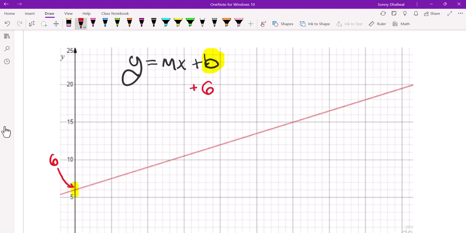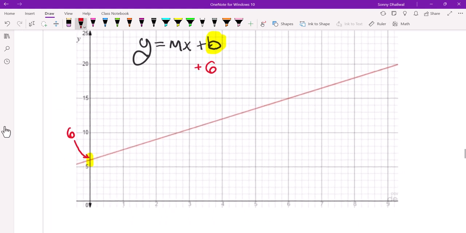All right, now we need to figure out our m value. We need to pick 2 spots on the line which are nice to read. Doesn't matter which ones we pick. I see a good one right here. That one looks pretty good.